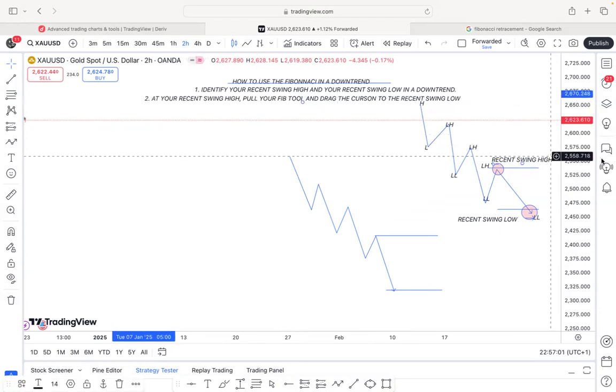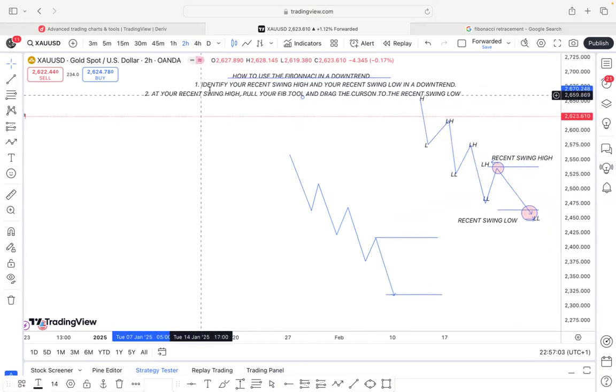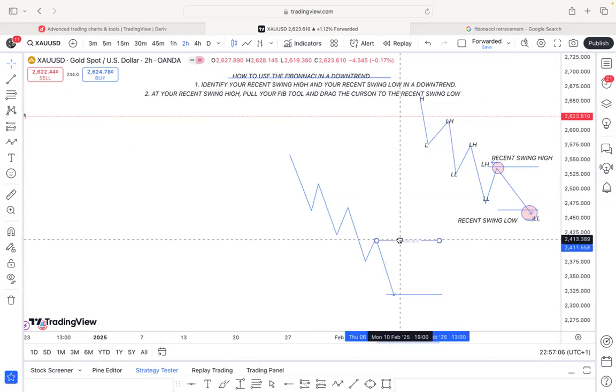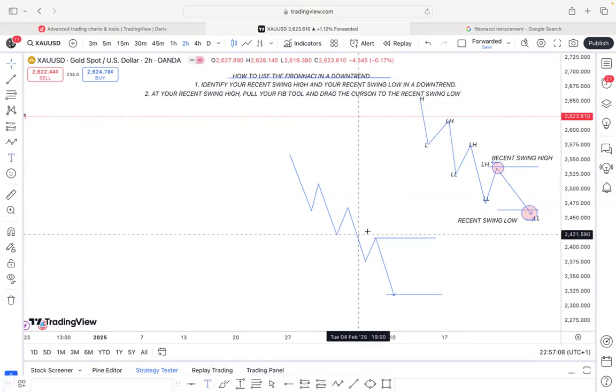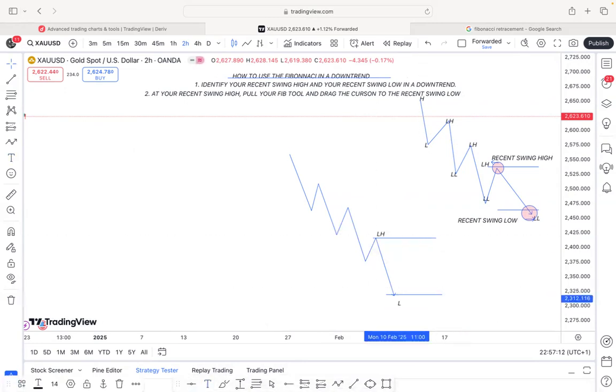That's what it's going to be. At your recent swing high, which is this recent lower high right here. Let me illustrate. This is our lower high. And this is our lower low.